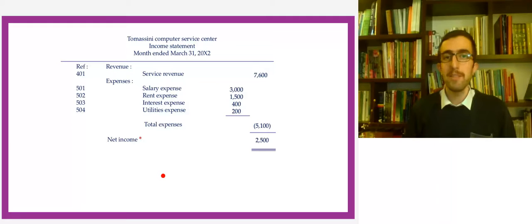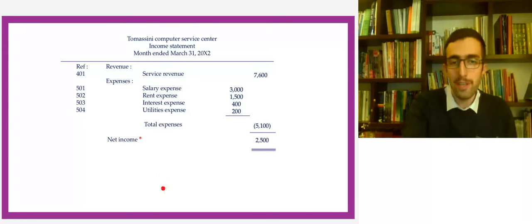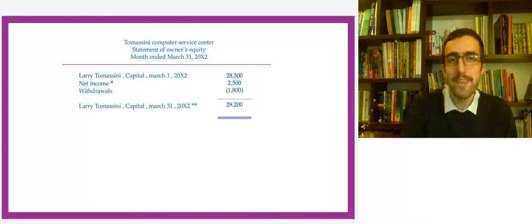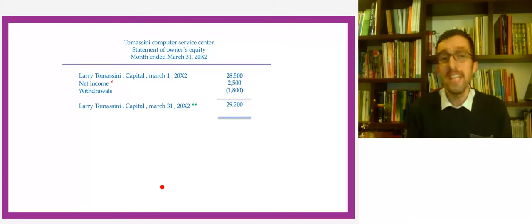And another name of the income statement is the statement of operations, and then we will transfer this net income to the statement of owner's equity on the next page. Yes, Larry Tomasini Computer Service Center, the statement of owner's equity for month ended March 31, 20x2. First, we have capital beginning balance, for the 1st of March.